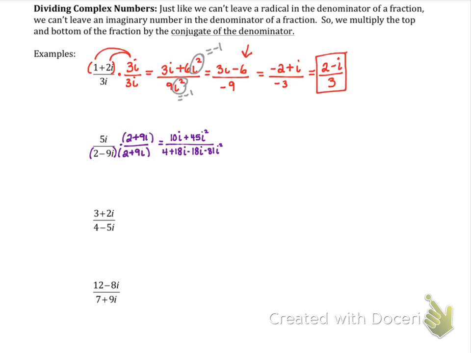So I'm going to go back, and these i squareds are going to become negative 1, and then these two middle terms will actually cancel out, and that's what we noticed before, and that is our goal.